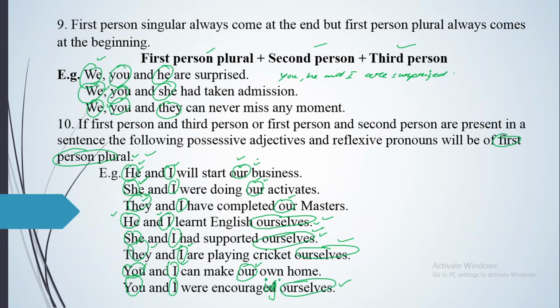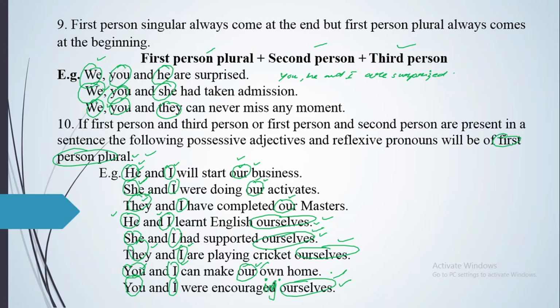And reflexive case also you'll use of first person plural with he and I, with she and I, and with they and I. And in the same way, when second and first person, you'll use the possessive adjective plural, and for you and I, the reflexive case of first person plural. So hope you got the rule number 10.